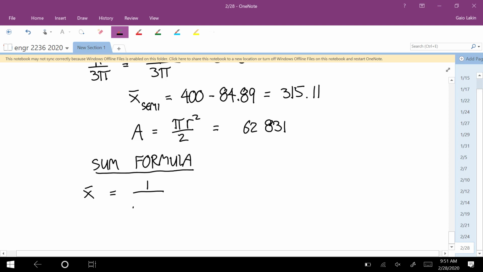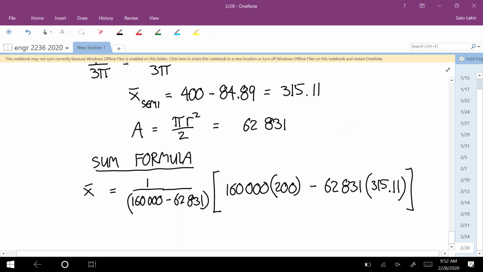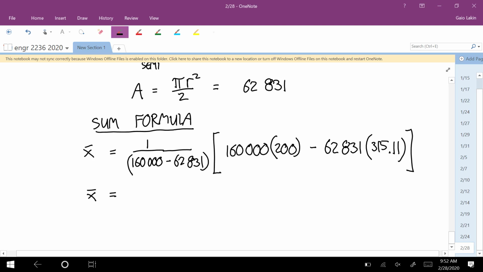So that's 1 over 160,000 minus 62,831, since we're removing this material, times the area of the square, which was 160,000, times the centroid of the square, which was 200, minus 62,831, the area of the semicircle, times the centroid of the semicircle, which was 315.11, and you get that x bar is about 126.